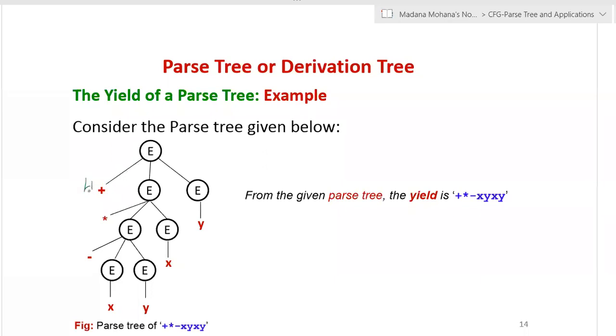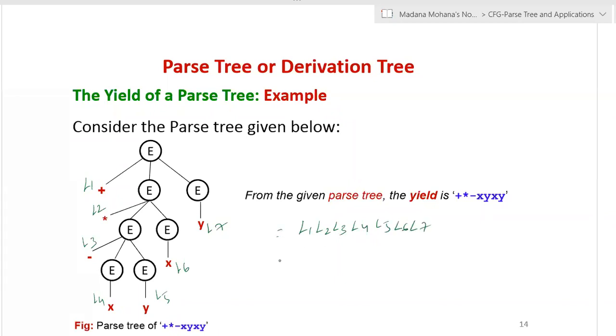The leftmost leaf is L1, the next leaf is L2, next leaf is L3, next leaf is L4, next leaf is L5, next leaf is L6, next leaf is L7. So you can read the string of terminals from the root of the tree from left to right. The order is L1, L2, L3, L4, L5, L6, L7.